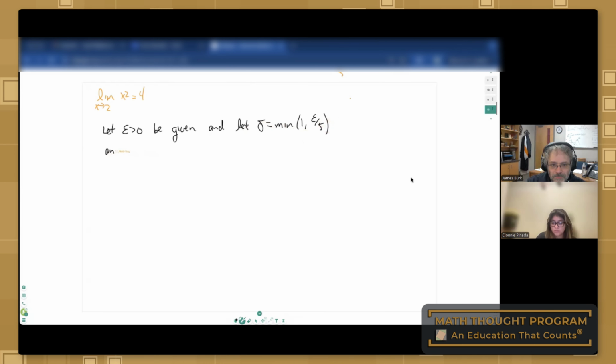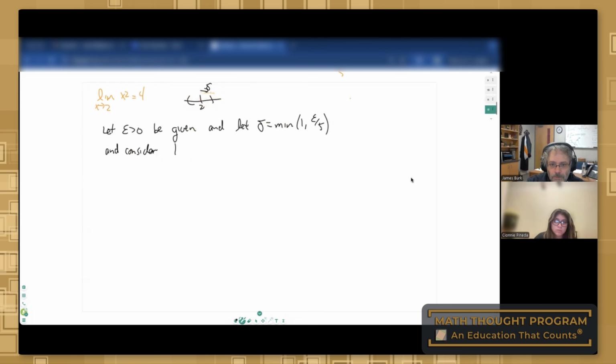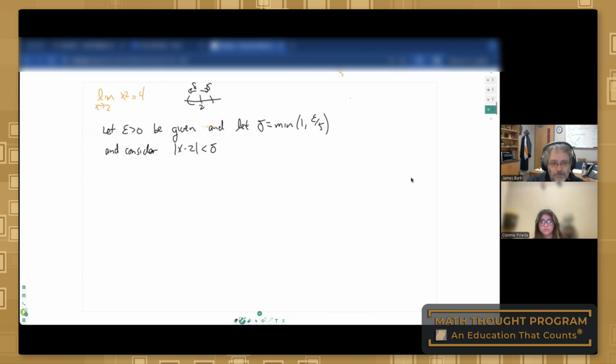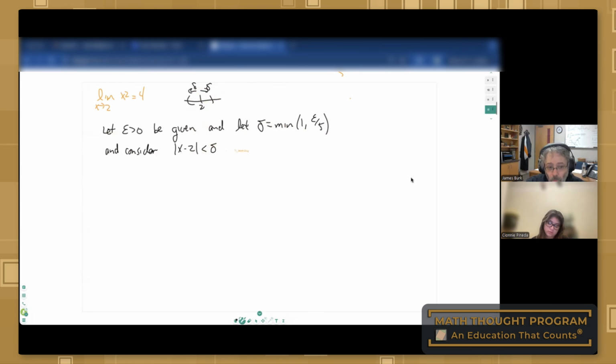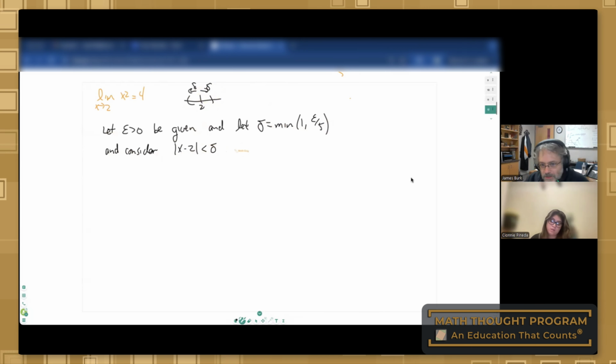And consider the bound, the interval: we'll look at |x minus 2| less than delta. Okay, now what that does mean is I have two cases to work with.